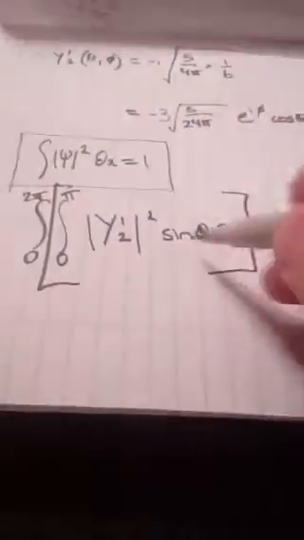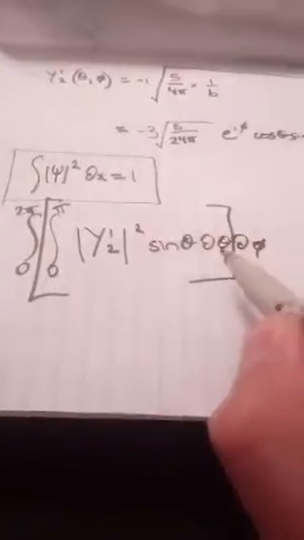We integrate the inside bit first, and after we integrate that, we integrate the outside with respect to phi. So we integrate inside and then go out. This is multivariable calculus.